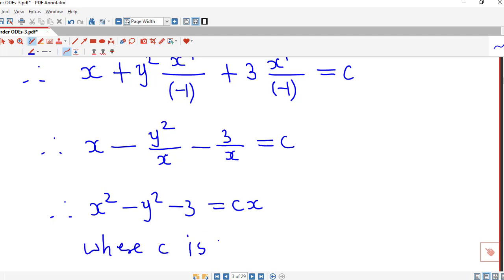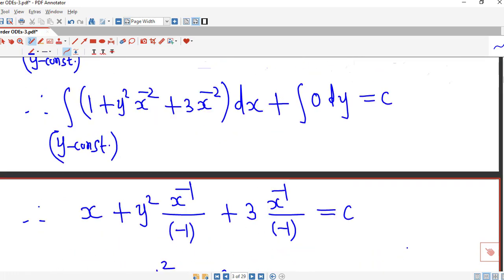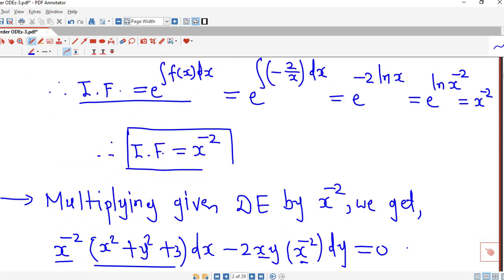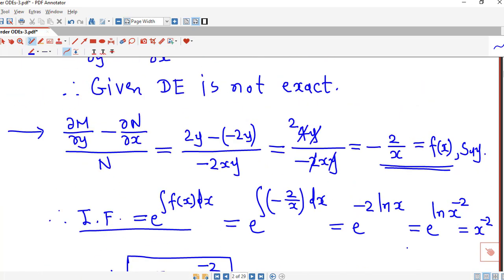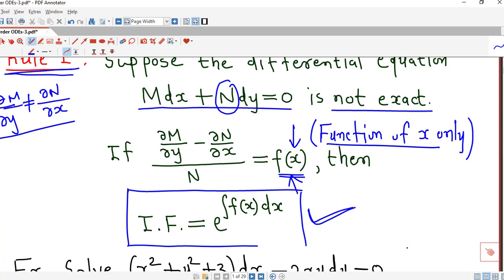This is the general solution of the given equation, which was not exact, but we made it exact by multiplying with the integrating factor. So this is the example which explains how to find the integrating factor if this condition is satisfied.